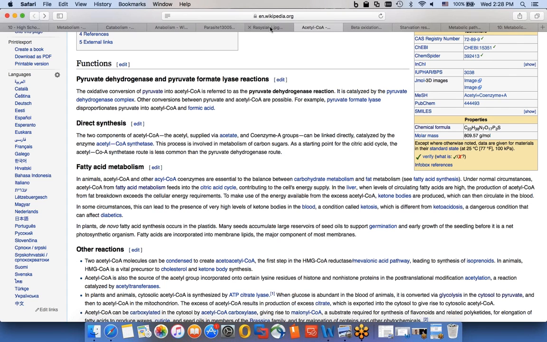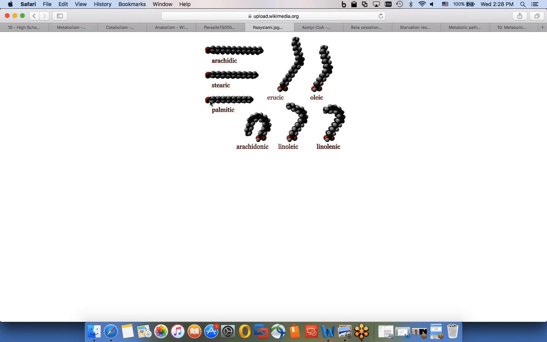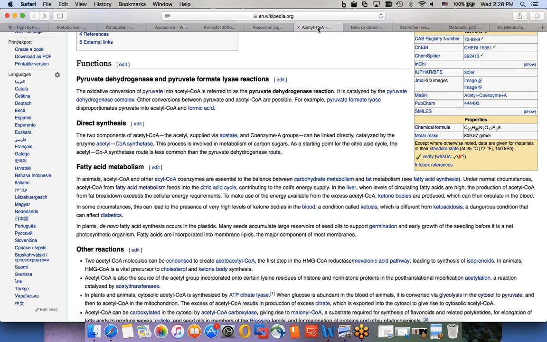So the cool thing is that when we get these chains of free fatty acids, we break them down, we make acetyl-CoA, and then what do we do with the acetyl-CoA? Isn't it turned into ATP, I guess? That's right.